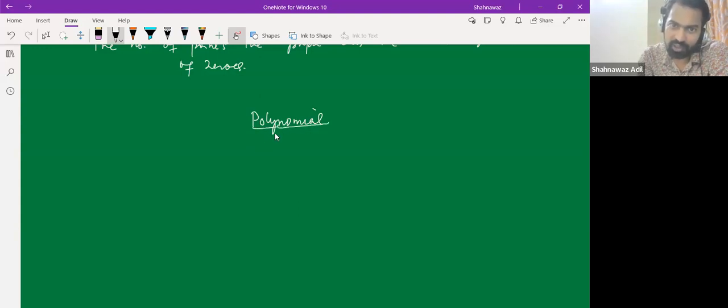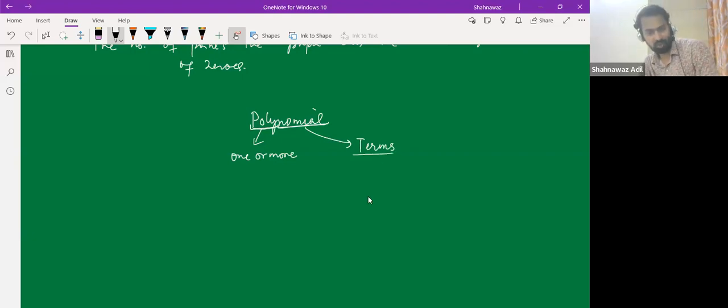One is poly, which means one or more. And nomial, which means terms. So whenever we have one or more terms, that would be called the polynomial. So this definition is based on the number of terms, right?